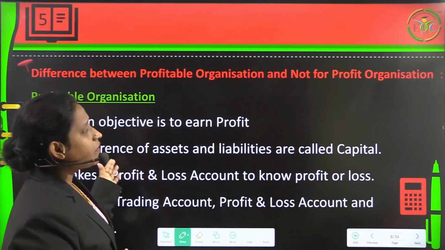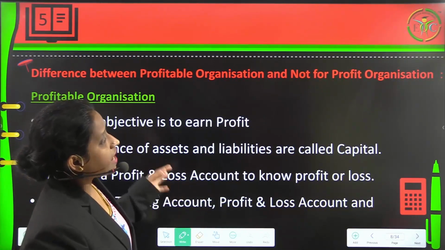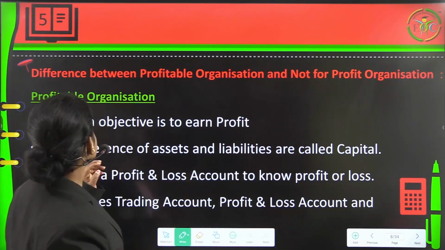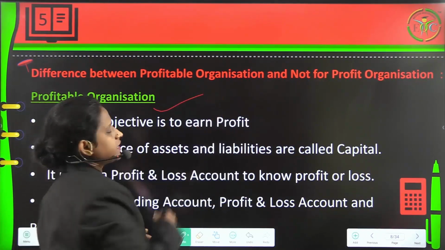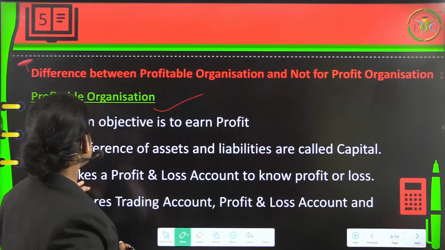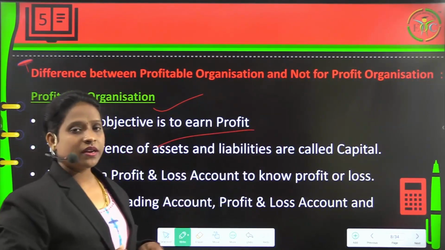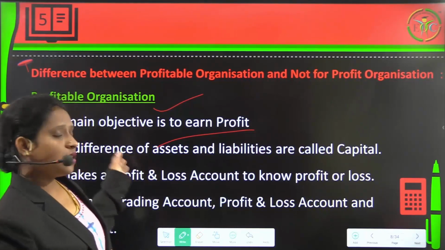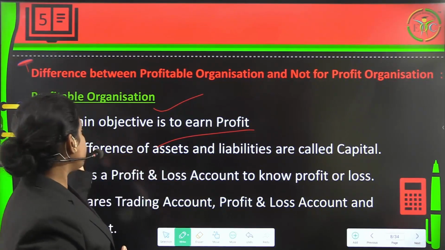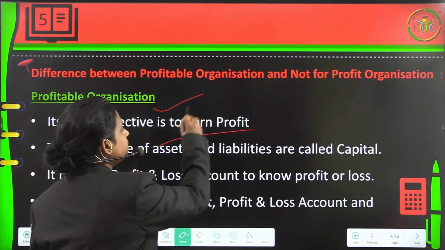Right? So now we have to understand the differences between profitable organization and not-for-profit organization. First let us understand the profitable organization. Here its main objective is to earn profit. Right? When we compare with the profitable organization, their focus is mainly to earn profit.